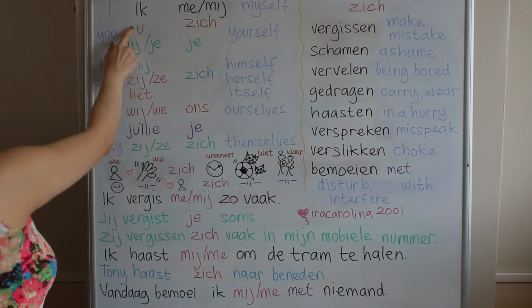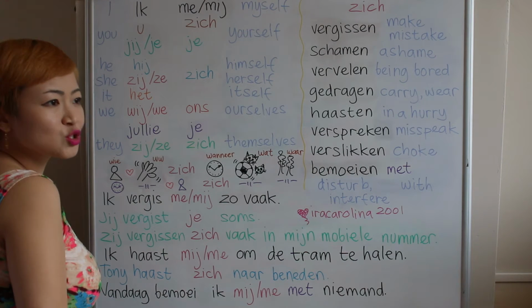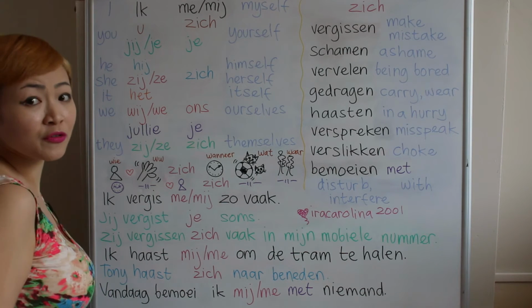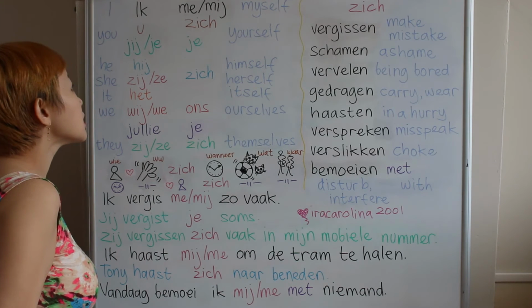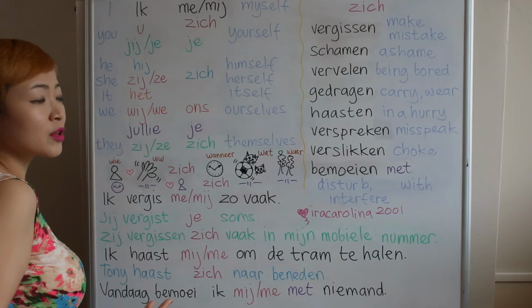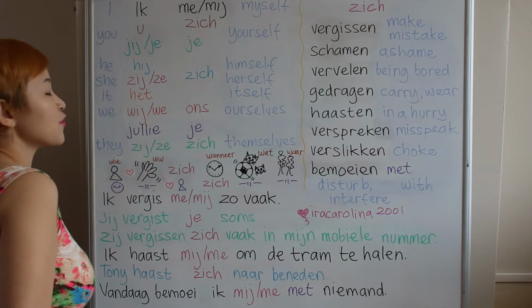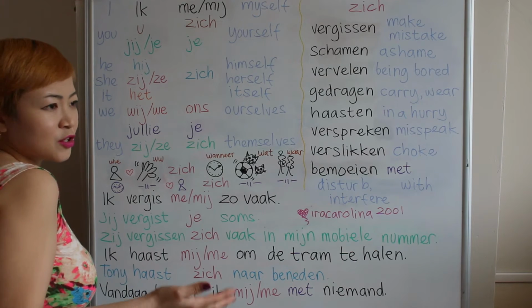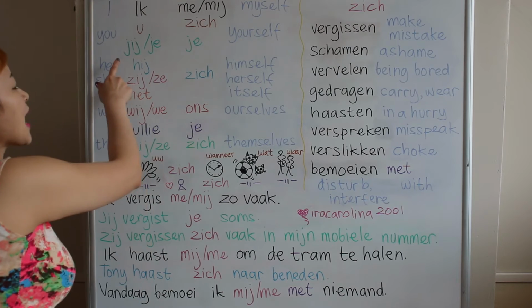You use u for someone you just met, like in the supermarket when you have to talk with the cashier or the sales girl. You have to call them with u because it's polite. But if it's not your first time, you already know the person, you can call them with jij or je.